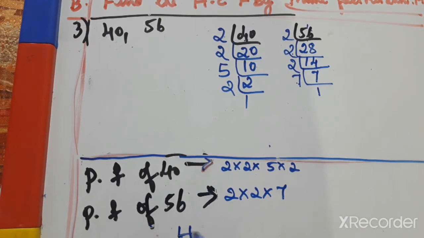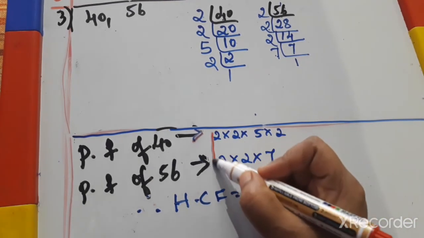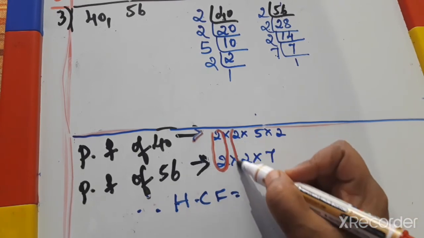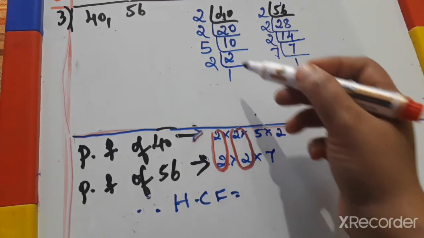Therefore, HCF. Now HCF, which is a common factor that we have to check. So 2 is common in both places. Again 2 is common in both places. Then any common numbers? 2 into 2 into 2.